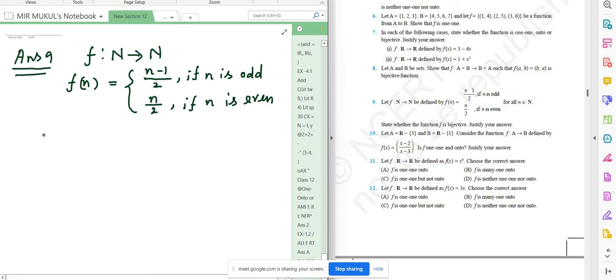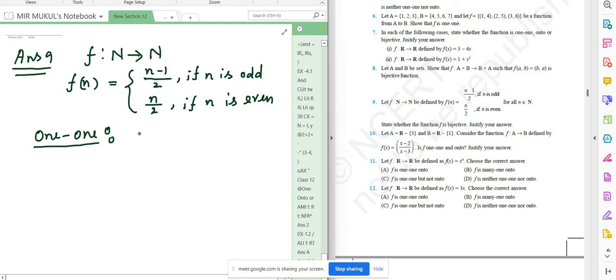So first I'm checking one-one. Now if you consider 3, the image of 3 will be 1 and the image of 2 will be 1.